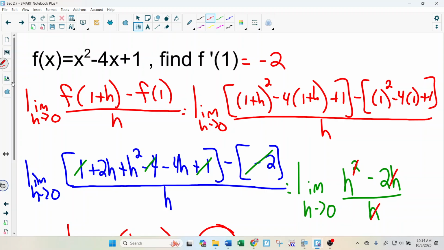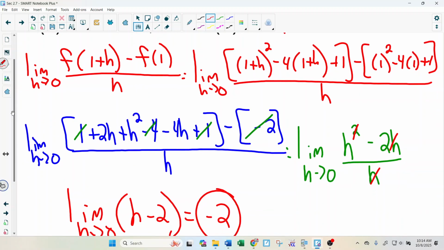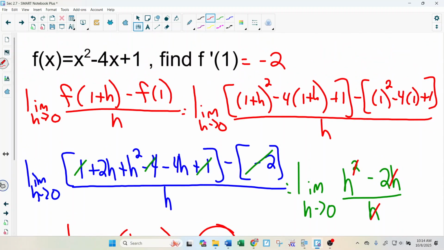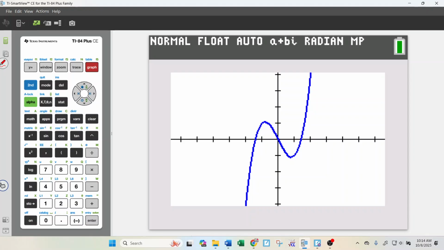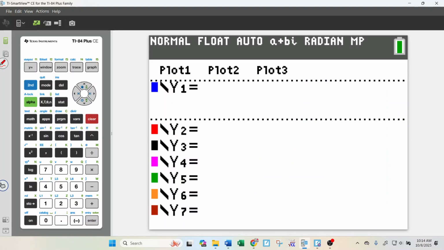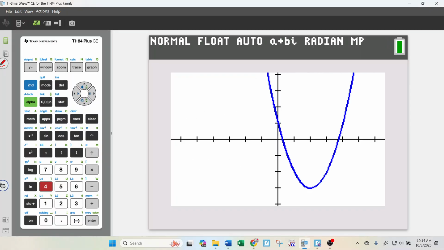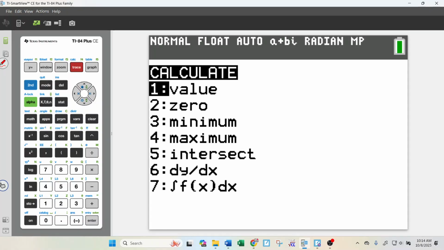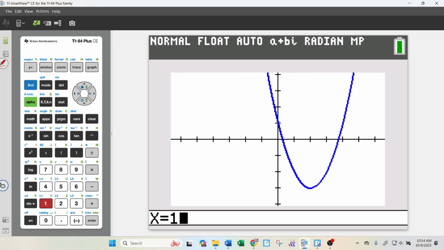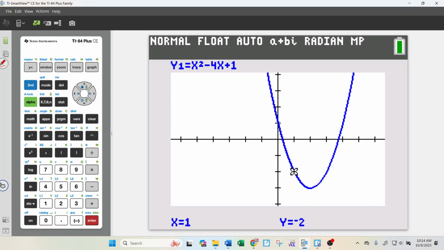Okay, now let's remember what that means. If I go to my calculator, it's x squared minus 4x plus 1, zoom forward. And I look at the value at 1. So right there is that point.